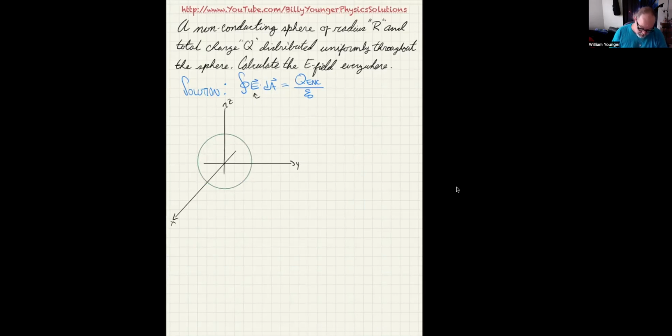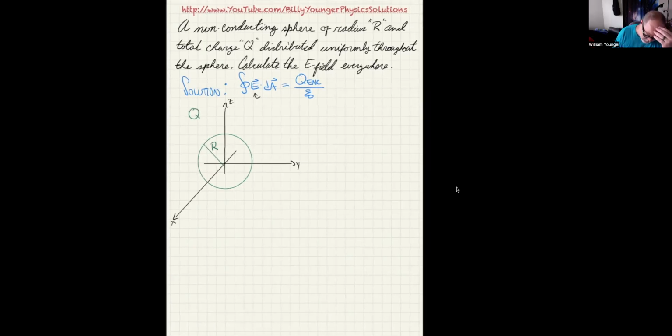Okay, so that's our actual sphere, and it has a radius big R and a total charge Q, but that's distributed uniformly throughout.